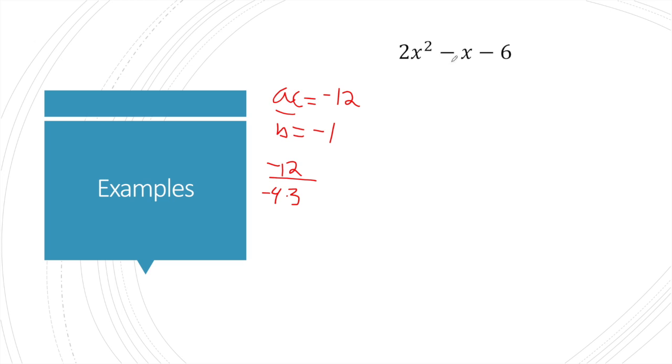So we're going to rewrite this middle term using these factors: 2x squared minus 4x plus 3x minus 6. And then I factor by grouping. The greatest common factor of 2x squared and negative 4x is going to be 2x.